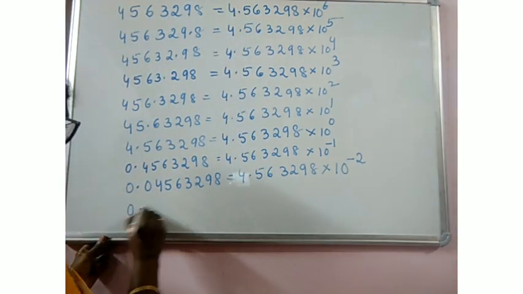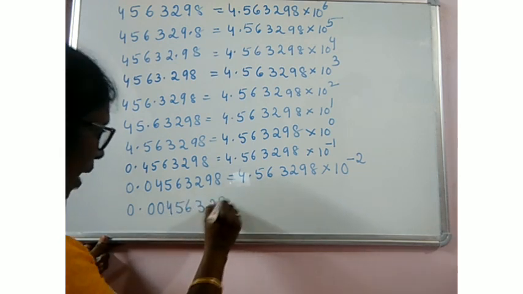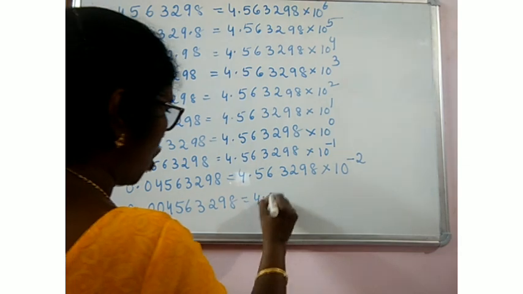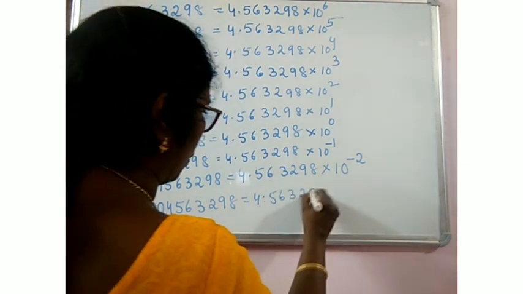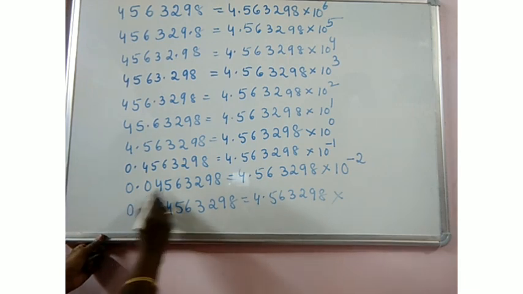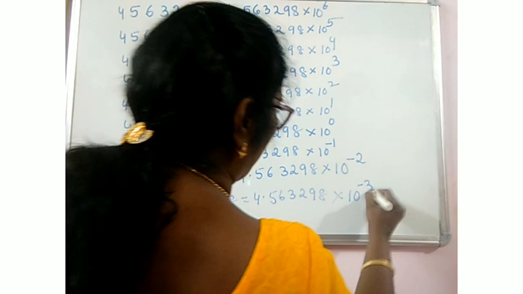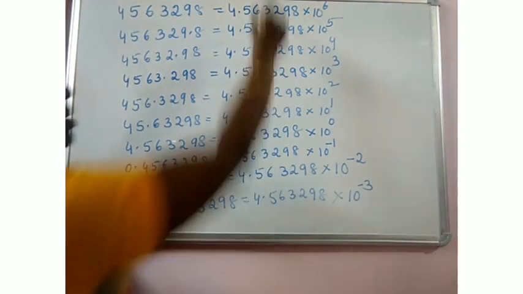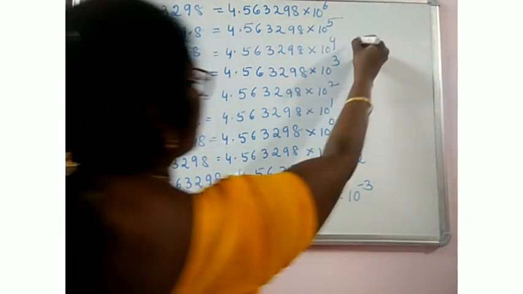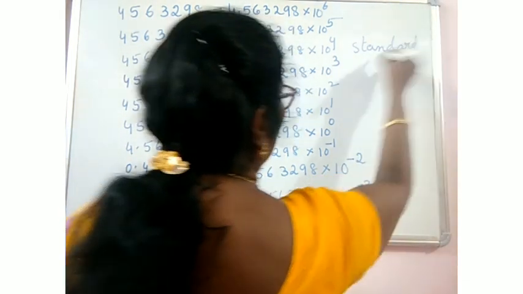If the number is 0.004563298, the same way, 4.563298 into 10 to the power minus 3, as the decimal moves 3 places towards the right.